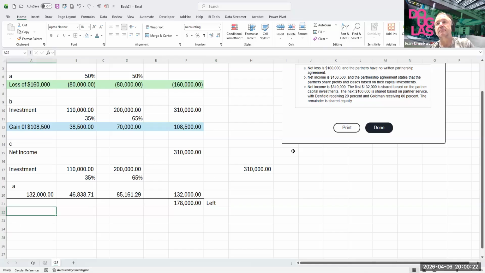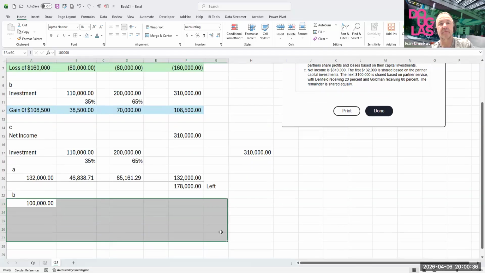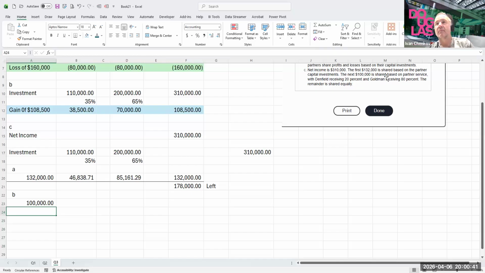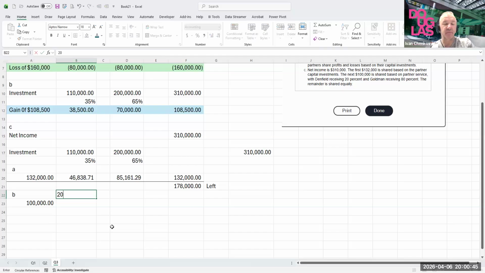Okay, next one. Next $100,000, B. They're going to share it based on the partnership service, which is Ken gets 20%, Ivan gets 80%. So how much is Ken going to get?